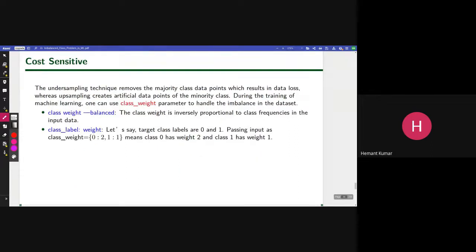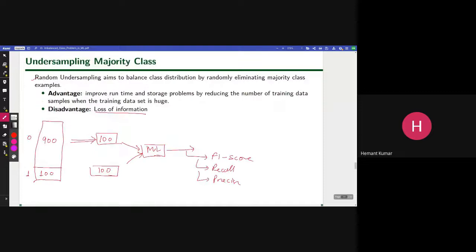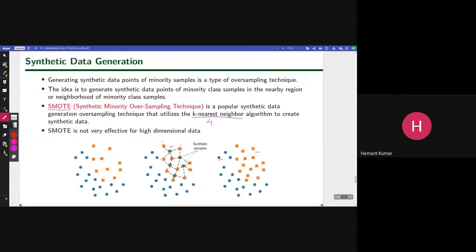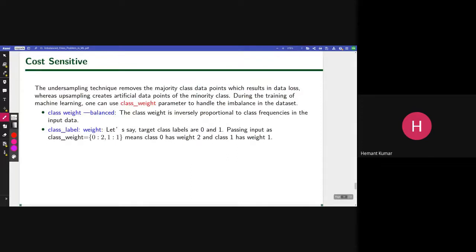And this is mostly used in the case of these three techniques: undersampling, oversampling, and SMOTE. These are used before passing the data into a model.